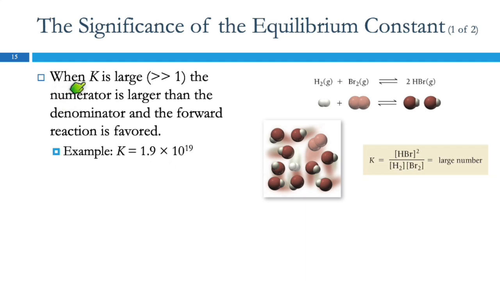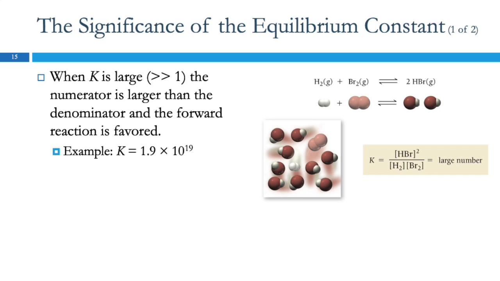So when K is large, that means that the numerator must be bigger than the denominator. The concentrations of the products must be larger than the concentrations of the reactants. Does that make sense? So if K is a large number, it means that the reaction goes further to the right. It makes a lot more product and it uses up a lot of the reactants.